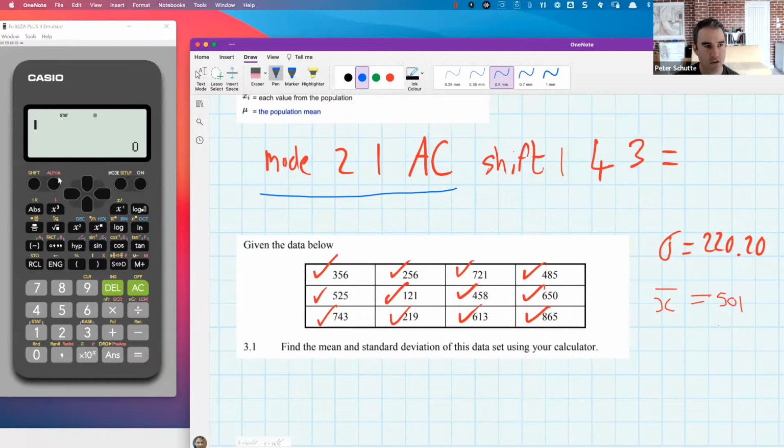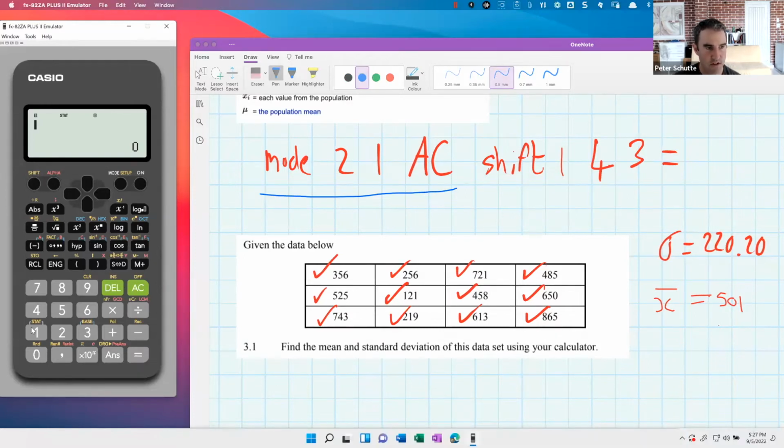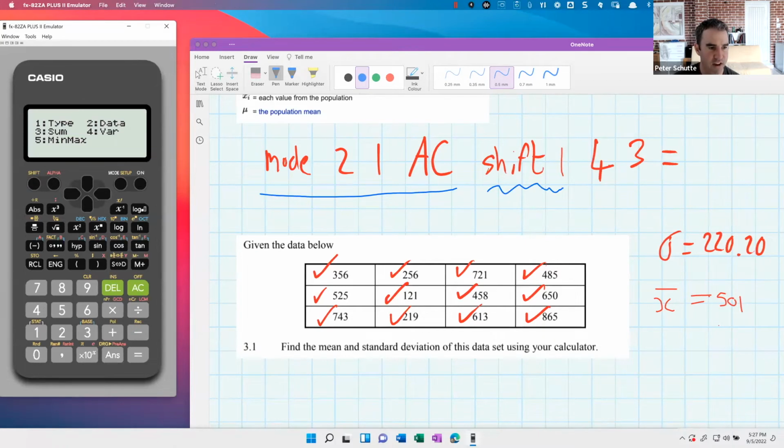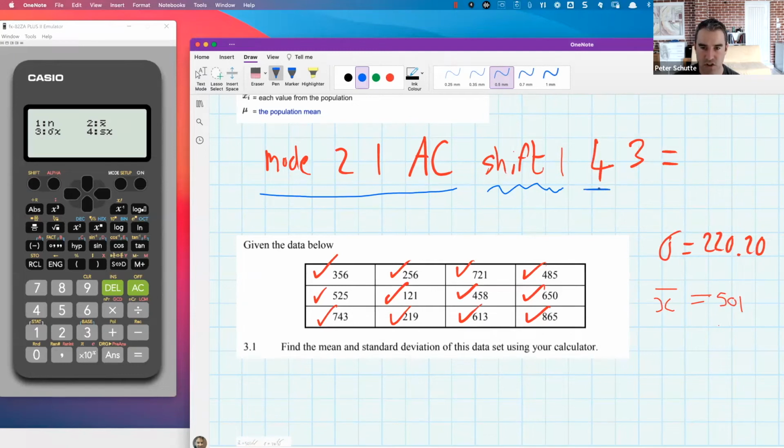Then to go into the answer mode, you click Shift, Stat, or Shift 1. So it was this part over here. And then I clicked 4 for var, for variance. And then all I had to do after that was choose if I wanted the standard deviation. If I wanted the standard deviation, I choose 3. If I wanted the mean, I chose 2.